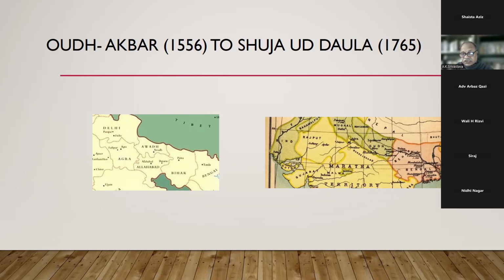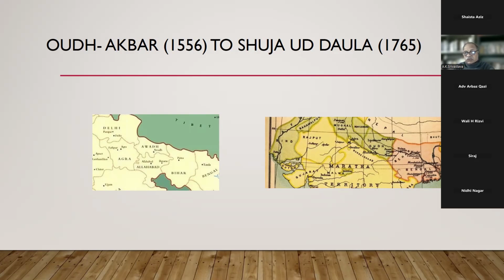And in 1765, you can see another big power emerging, Maratha. And then Bihar, Bengal, Odisha, after the Battle of Buxar and before that the Battle of Plassey, were part of the British. So in the emerging reality, Awadh was important, but Marathas and Britishers were also there.